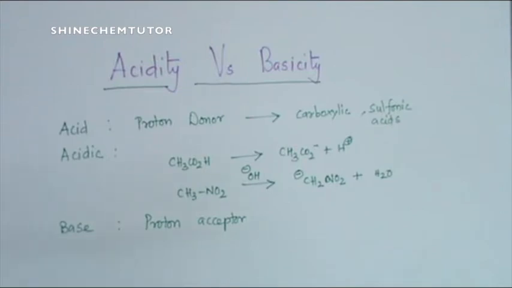Generally, when you go for a base, it will be an anionic species like C-, N-, O-, or it may be a compound with a lone pair of electrons. It may be on nitrogen or oxygen, even sulfur. But sulfur is less common. Generally, we come across nitrogen and oxygen.